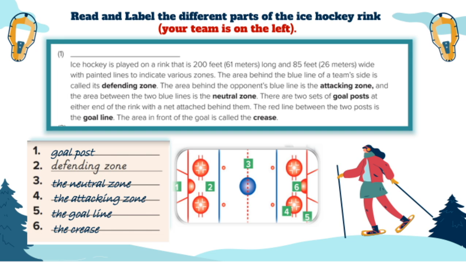Finally, going back to the goal line and the crease, these are the key areas that define the scoring and defensive boundaries. Understanding these different parts of the rink helps us see how the game flows, from defense to offense, and how positioning is so critical. Remember, your team is on the left, so these zones are vital for understanding your defensive and offensive strategies.